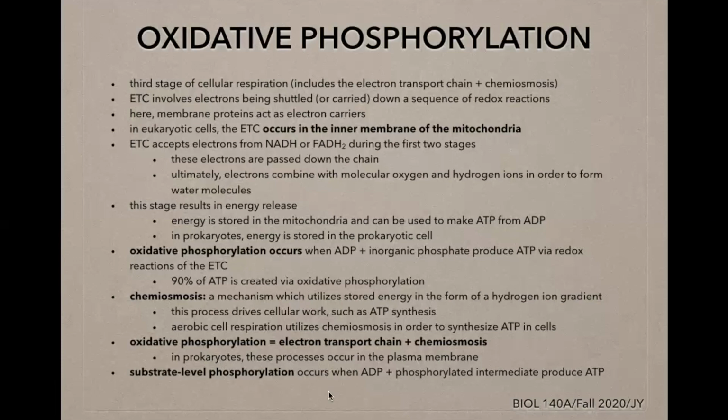So you'll take the ADP, adenosine diphosphate, and you will bind it to a phosphorylated intermediate in order to create ATP, or adenosine triphosphate. Again, to repeat that, this process occurs when an enzyme transfers a phosphate group from a substrate molecule, a phosphorylated intermediate, to ADP, and then you create ATP.